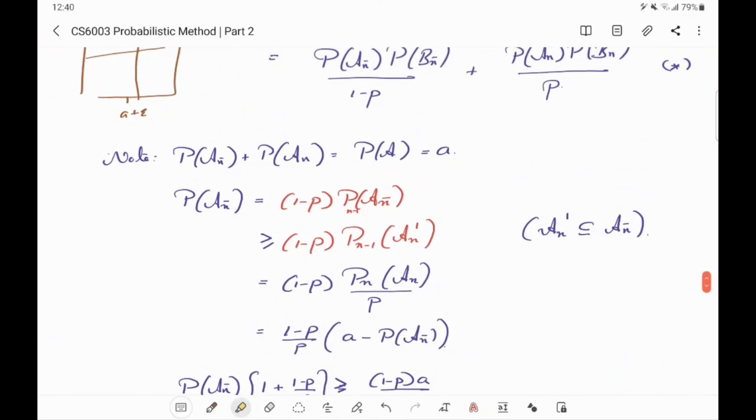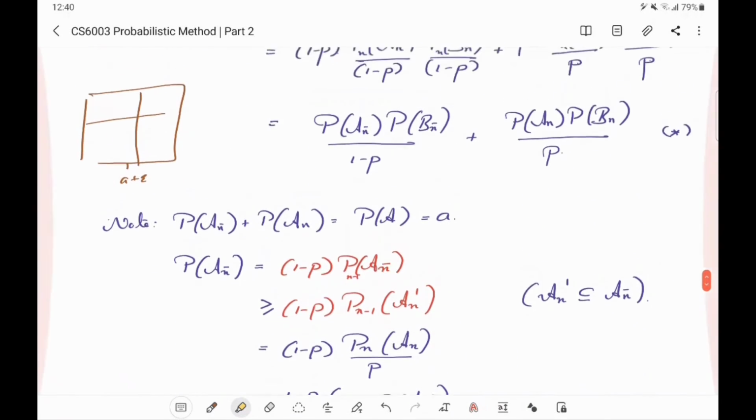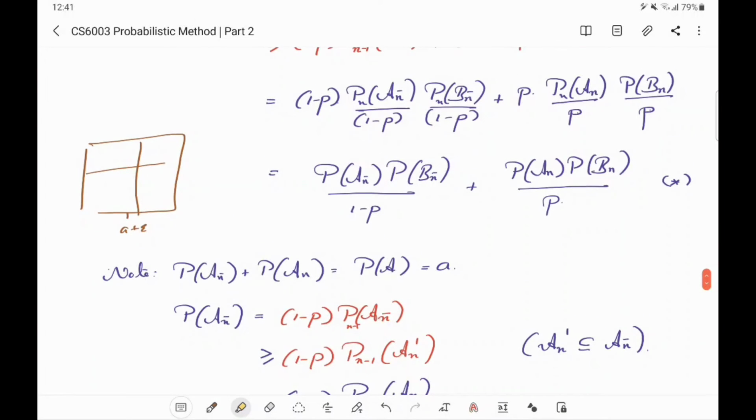Okay, I'm thinking whether I should go into the details of this, but there is nothing much to say. This is the first part of the claim that P_N bar and P_N actually add to a. But then what do I do? I again go back to this. Red indicates that I am going down to experiment 2.